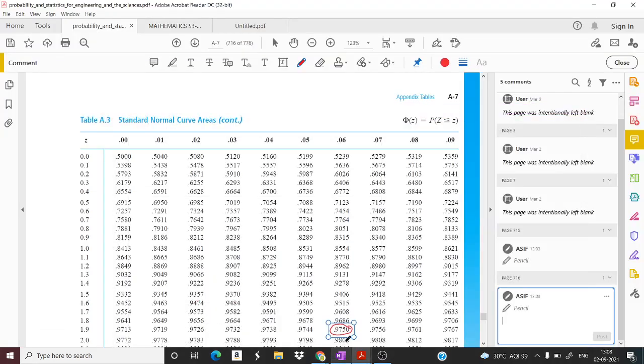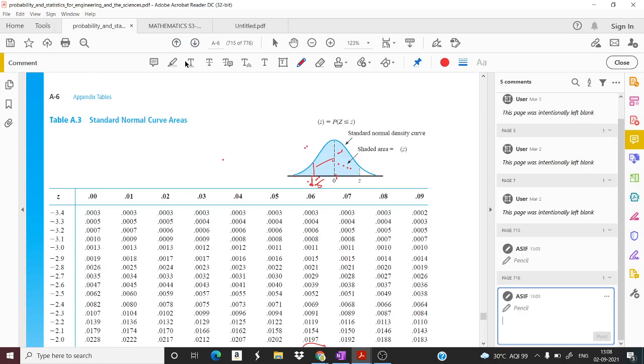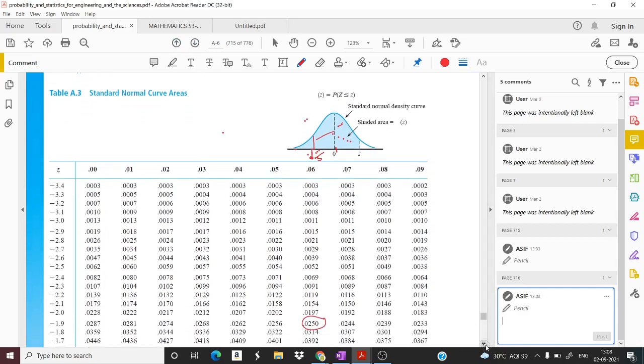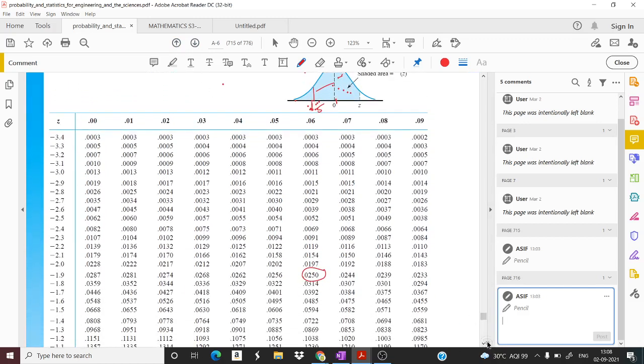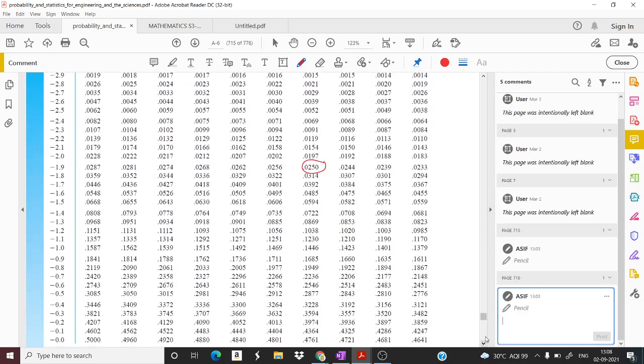You can check from the table. Minus 2.58 or 2.58, right?